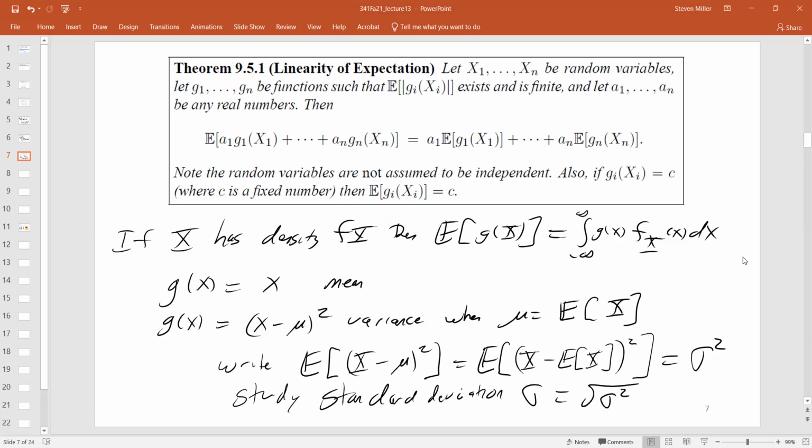And this has the same units as the mean. And this is why the standard deviation is the natural quantity to study. If X is in meters, then the mean is in meters, but the variance is in meters squared.